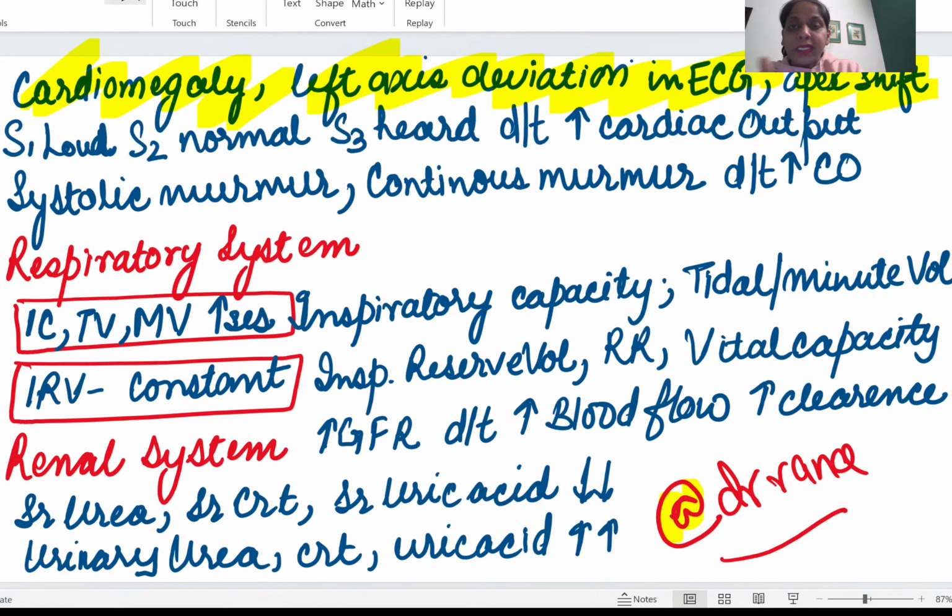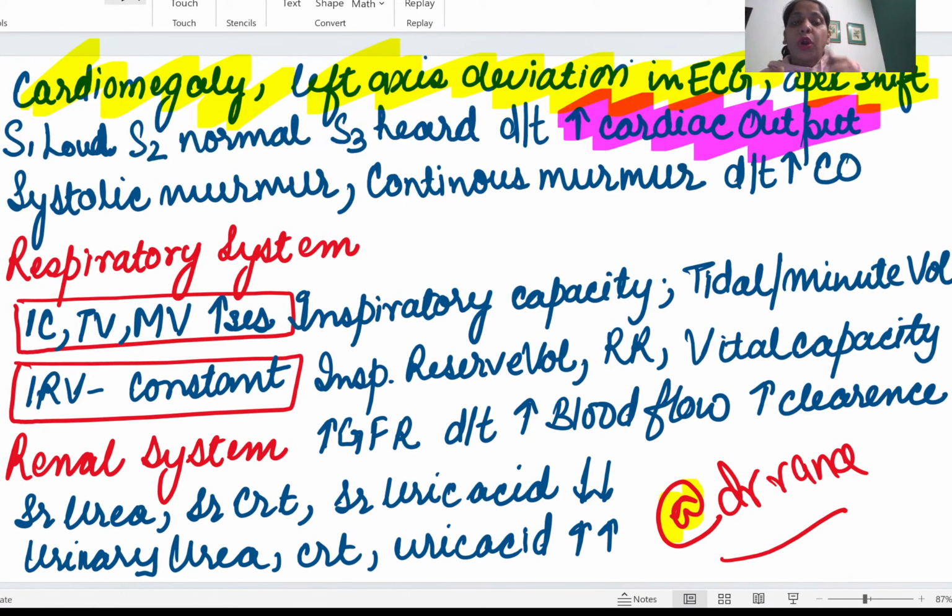So due to the increased blood volume, S1 is loud, S2 is normal, and S3 is heard. The reason for all these three is increased cardiac output. So if you also want to learn in this order: S1 loud, S2 normal, S3 heard.